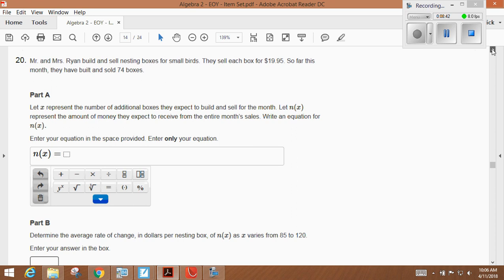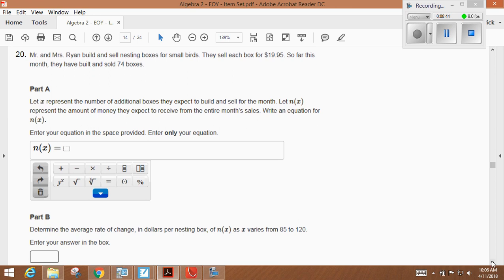I'm not sure how we got way up here. Here we go. Mr. and Mrs. Ryan sell and build nesting boxes for small birds. If they were Russian nesting boxes for small birds, they would fit inside each other. Okay.